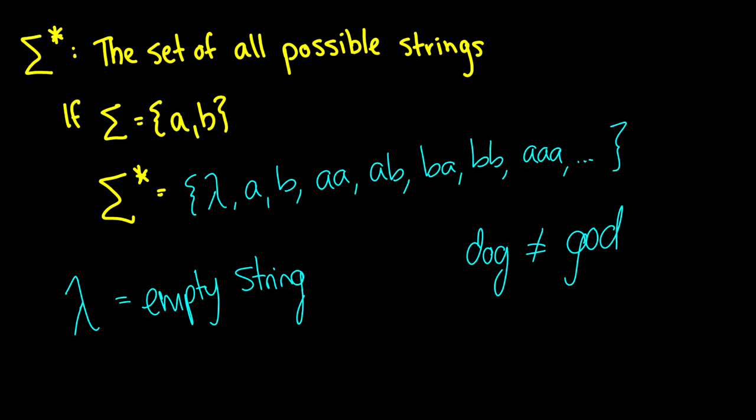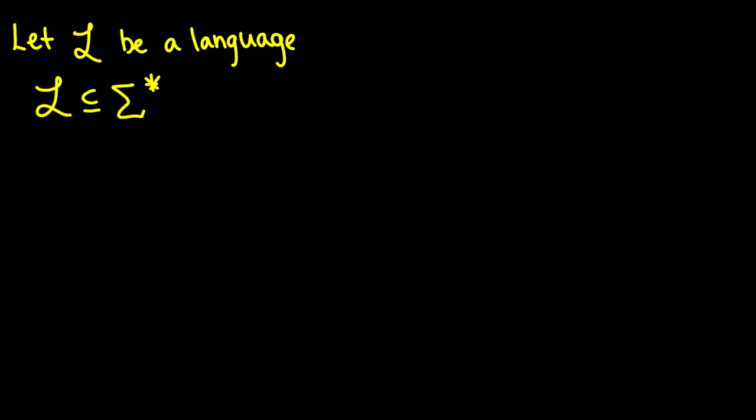But what I really want to get at are actual languages, because we've just been talking about alphabets, and languages are a little bit interesting. We let L be our language, and L is always going to be a subset of our sigma star. So we can reject certain things.